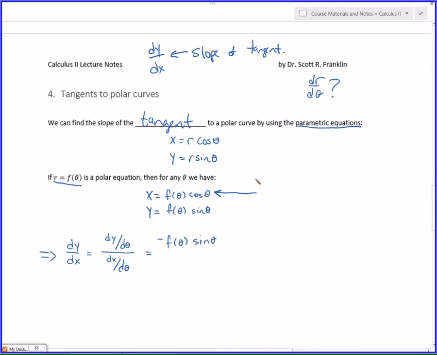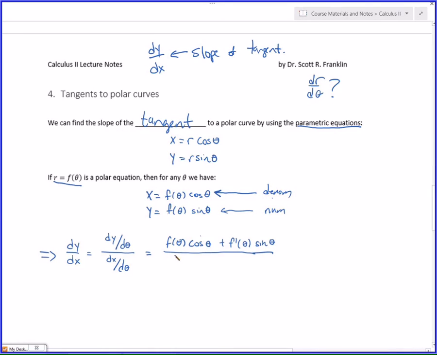Oh, I did this wrong. Wait. Notice dx is on the bottom. This is the denominator. This is the numerator. So on top I have f of theta cosine of theta plus f prime of theta sine of theta.